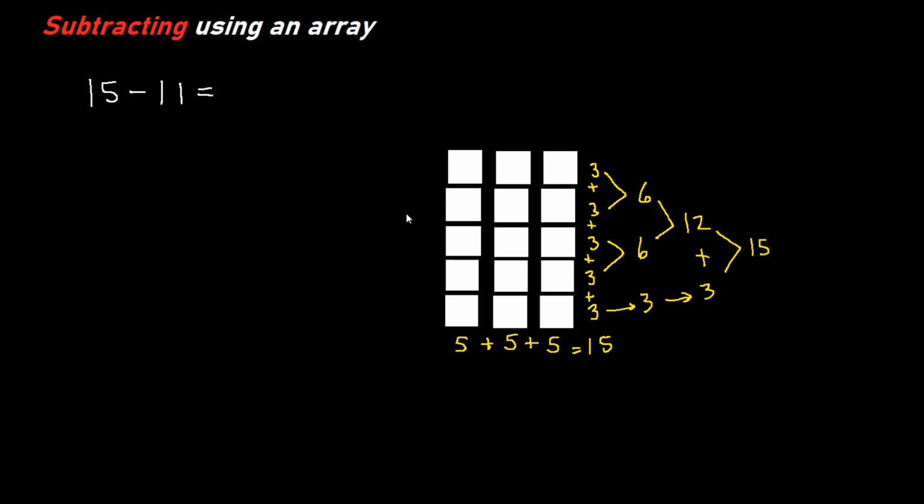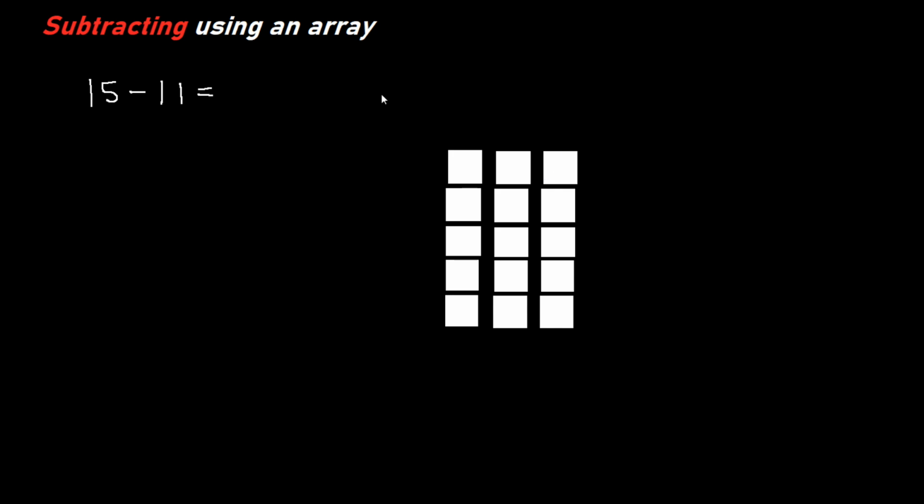Once we've verified that we have 15 in our array, we're going to want to take away 11. Now that we've verified that 15, 3, 2, 1. Now we can take 11 out of this array of 15.